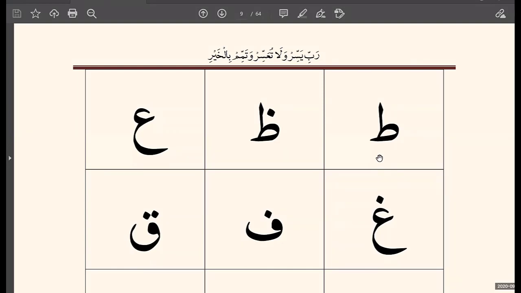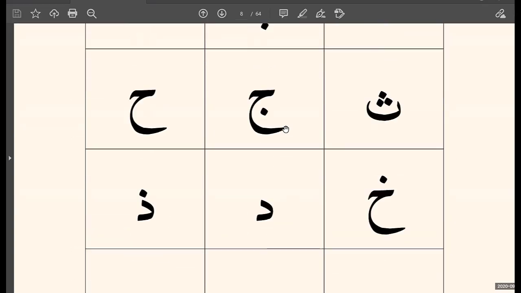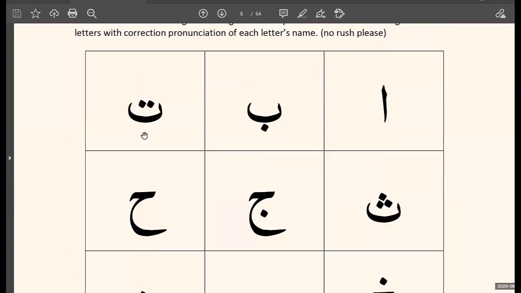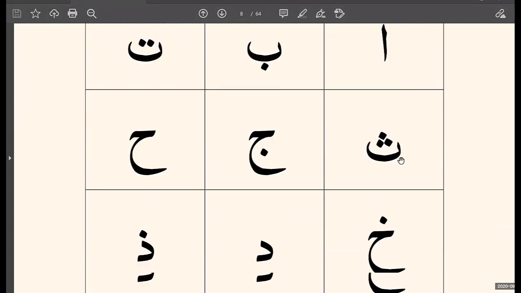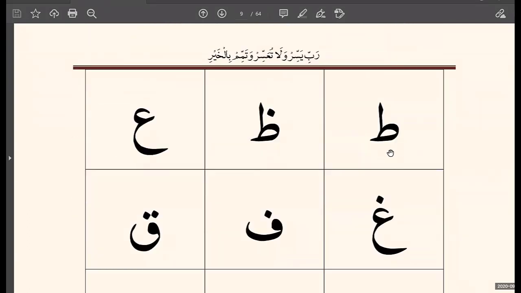Remember, this is a thin letter, 2 dots, always thin. And that is basically when your mouth is like this, it's a thick and serious letter.